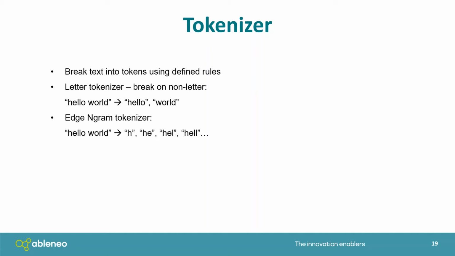So the hello world string with max length 4 and min length 0, or maybe 1, will become H, HE, HEL, HELL. One good point to mention, analysis can have only one tokenizer defined.